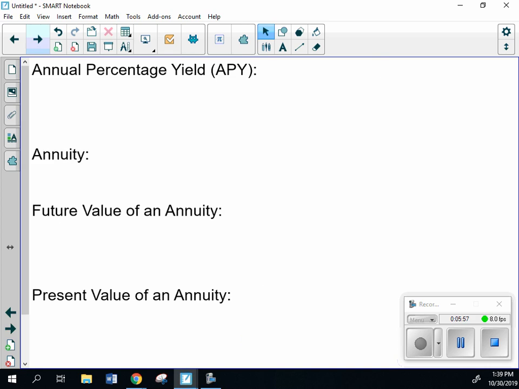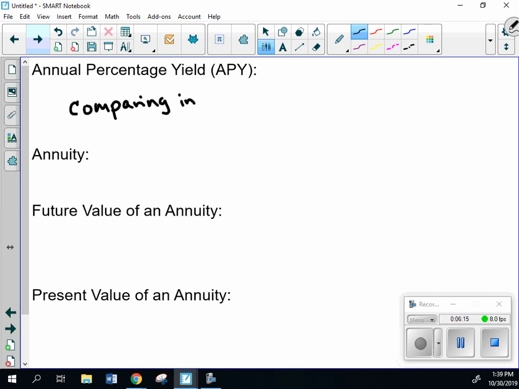We have a couple different vocab and formulas to talk about here on this one. So we have the annual percentage yield. What you're doing with the annual percentage yield is you are comparing investments, looking at the percentage rate, whether it's compounded annually or not, and determining what rate would need to be to make it so that they're the same.